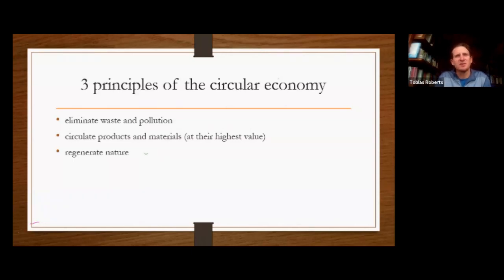So, for example, the United States used to ship boatloads of cheap plastics to China, to Indonesia, and other parts for them to recycle. And eventually, when it lost its value, when it was so cheap that there was no economic incentive to recycle that, all of that plastic ended up in landfills in China. And so the idea is to create products where we can circulate it at its highest possible value.